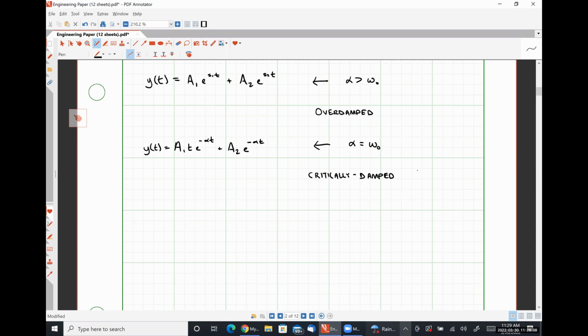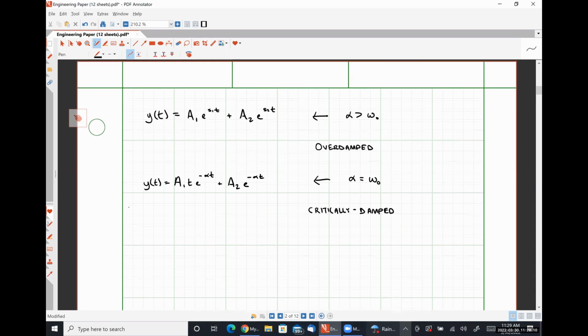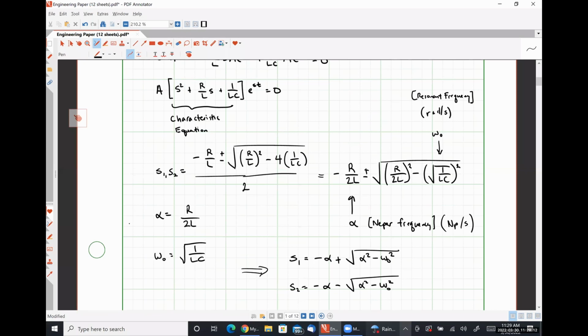Now let's look at S1 and S2 again for our final case. What if omega naught were greater than alpha? Exactly right. S1 and S2 are imaginary numbers, but they're complex conjugates of each other because the bit under the root sign is going to be the same, right?